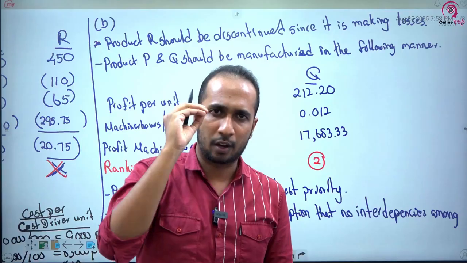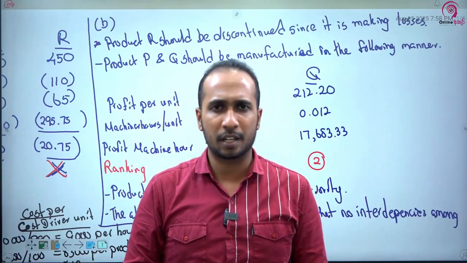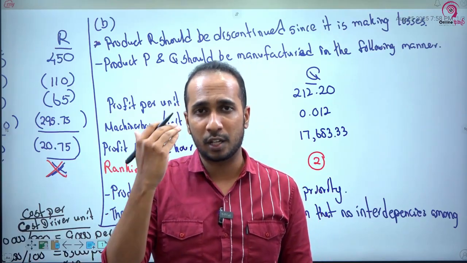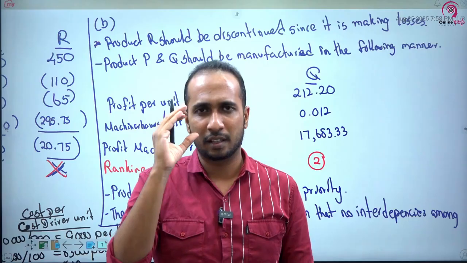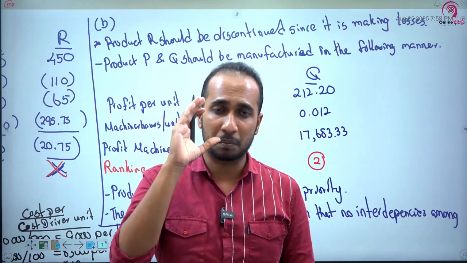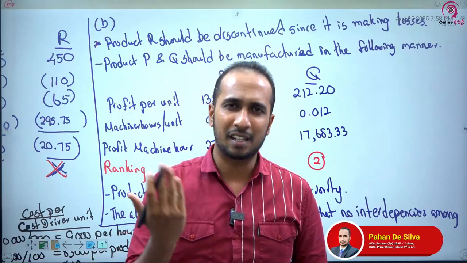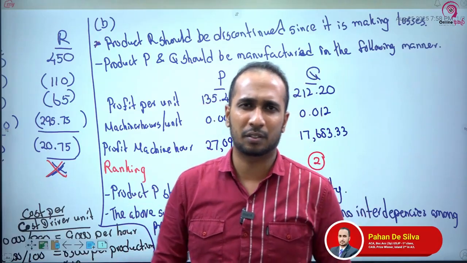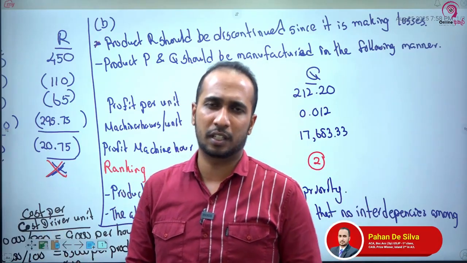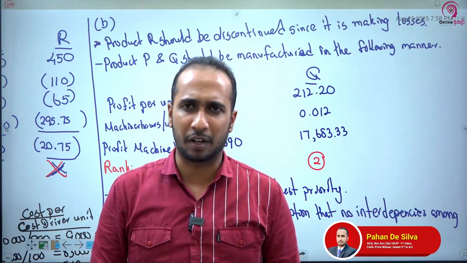In corporate level management accounting, you have to think as a management accountant, always with a strong background of the theoretical area. Then you can easily answer whatever the question.